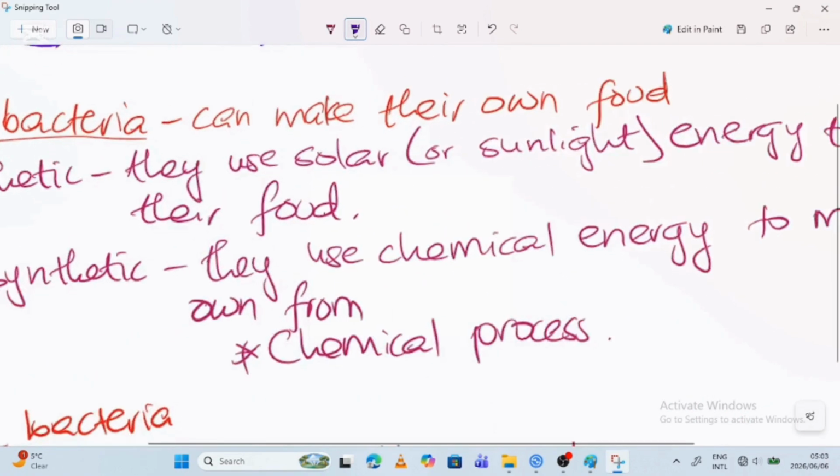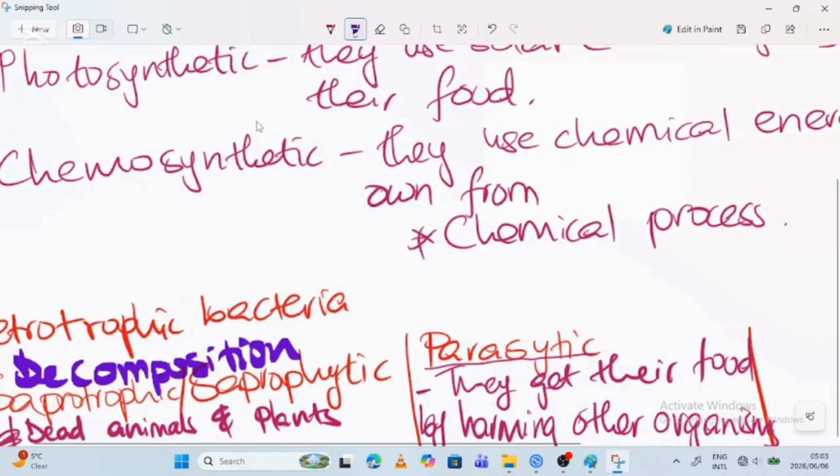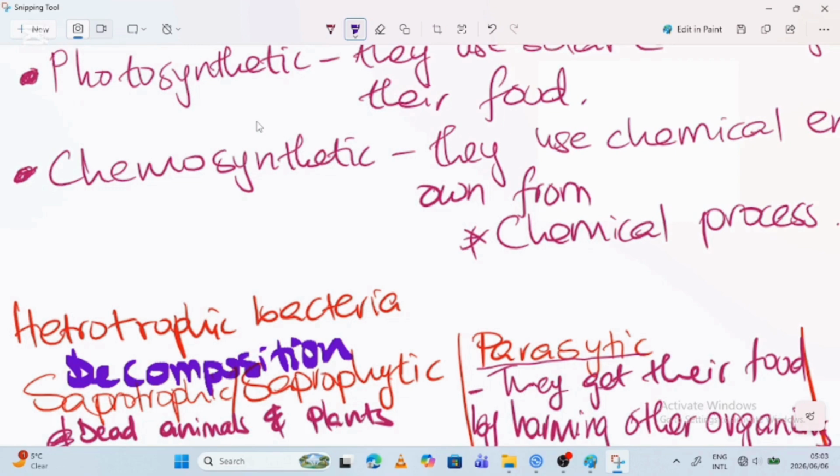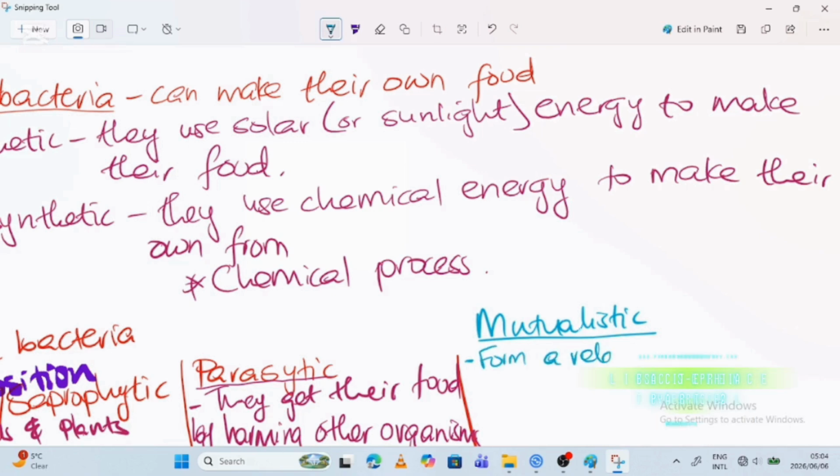Right. And then we have parasitic, saprotrophic, and we also have mutualistic. Mutualistic type of bacteria, whereby these ones form a relationship or an agreement with other living organisms.